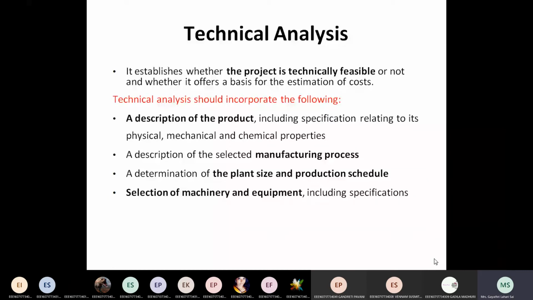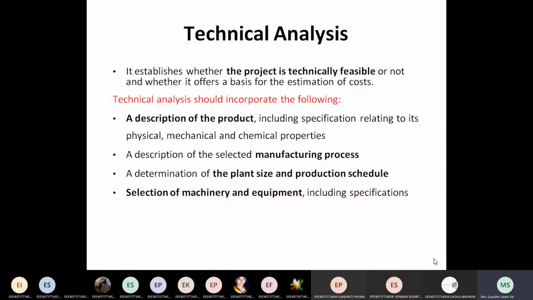Okay, technical analysis should incorporate the following. The first one is a description of the product. A proper specification in terms of physical, mechanical, chemical, whatever properties, should be precise and very clear to the buyers. The second one is a description of the selected manufacturing process.